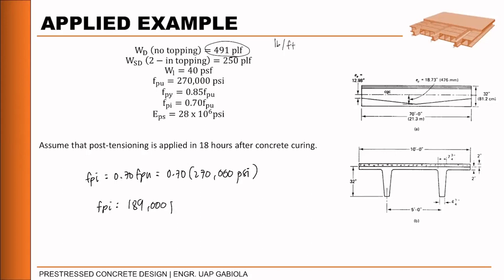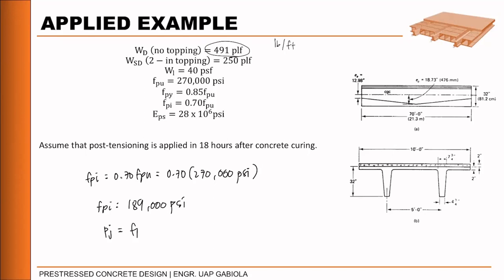189,000 PSI. Nasabi natin, pwede natin i-assume na yung ating jacking force ay 10% yung mawawala, no? So pag gagawin natin itong force, gagawin natin PI. Okay? Ito yung sa jacking natin, PJ.